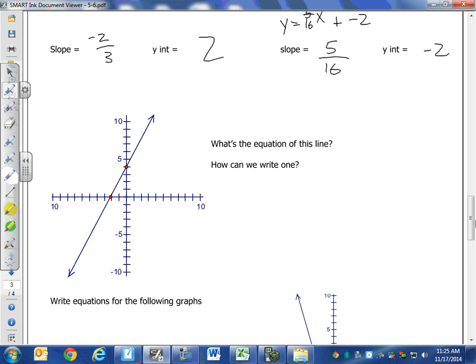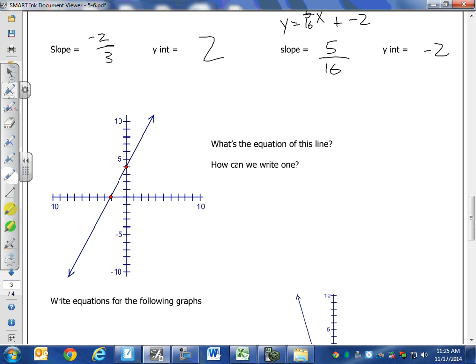Figure it out. If that is the line, what's the equation? If that is the line, what is the equation?